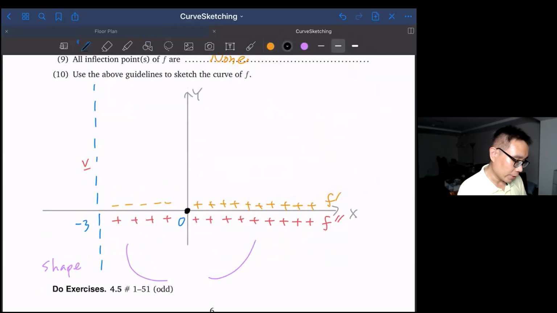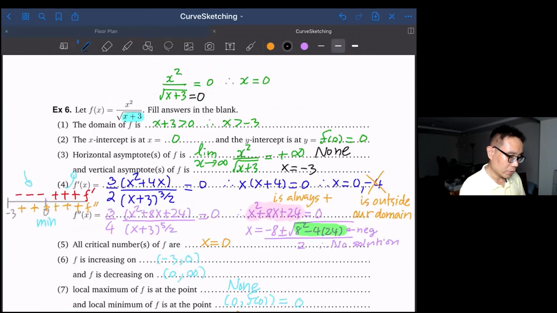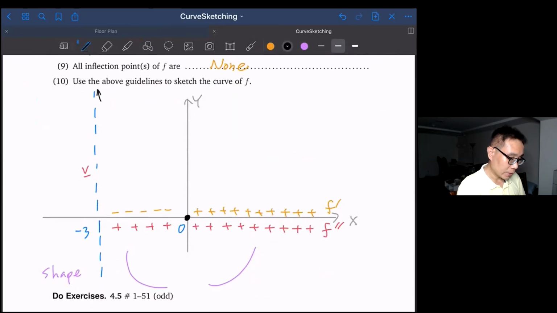And you know that this guy will be going this way, and you know that the limit as x goes to infinity, you get infinity. So you're gonna go in this direction.